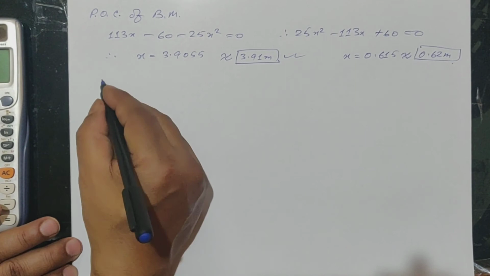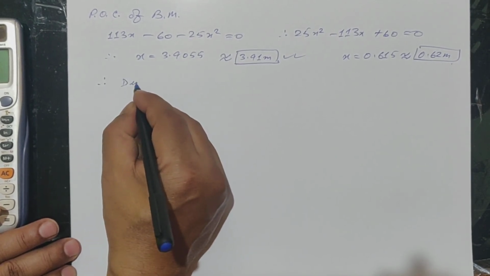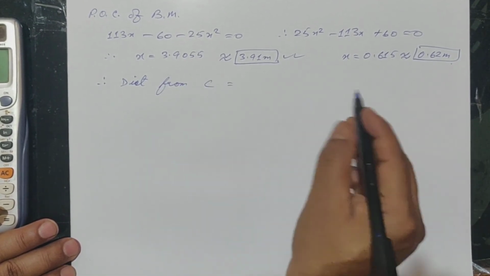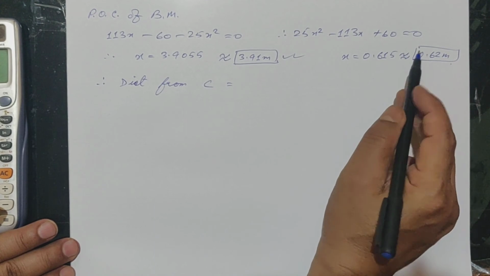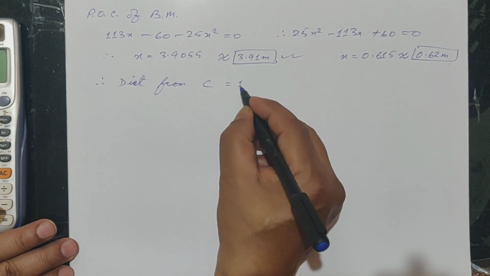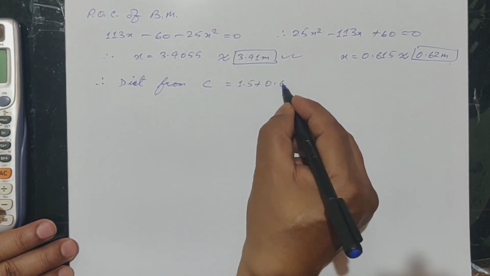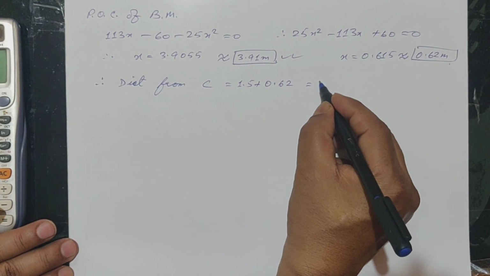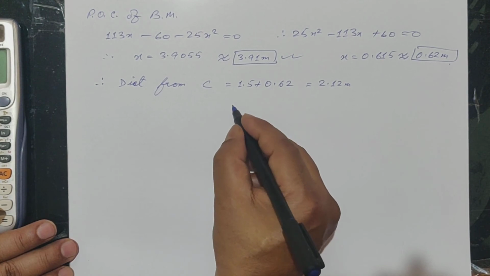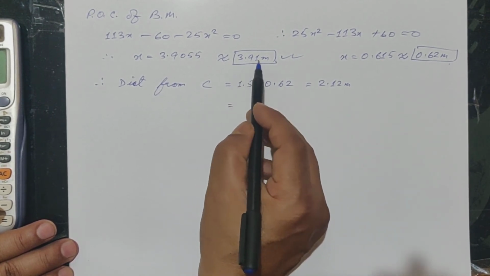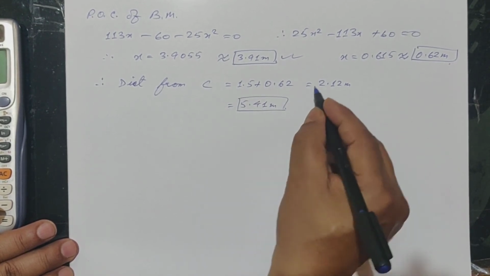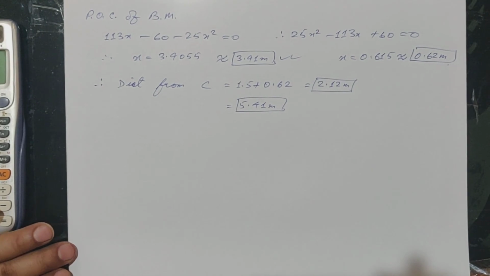Therefore, the distance from C is this plus 1.5. So it will be equal to 1.5 plus 0.62, which is equal to 2.12 meters, and the other is 1.5 plus 3.91, which is equal to 5.41 meters. These two points also we'll have to keep in mind.